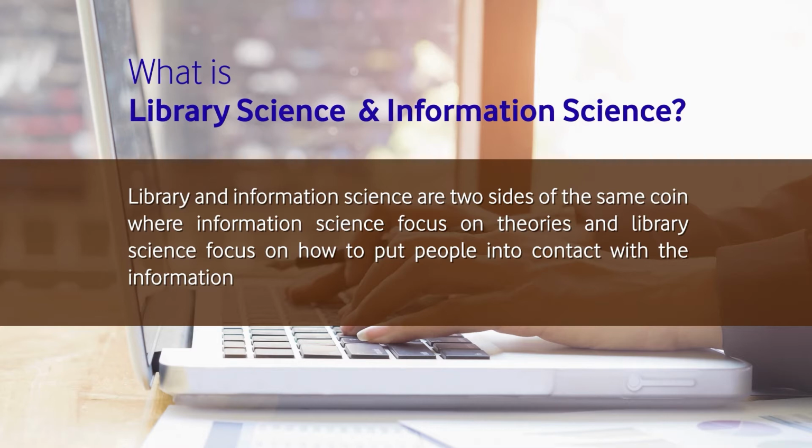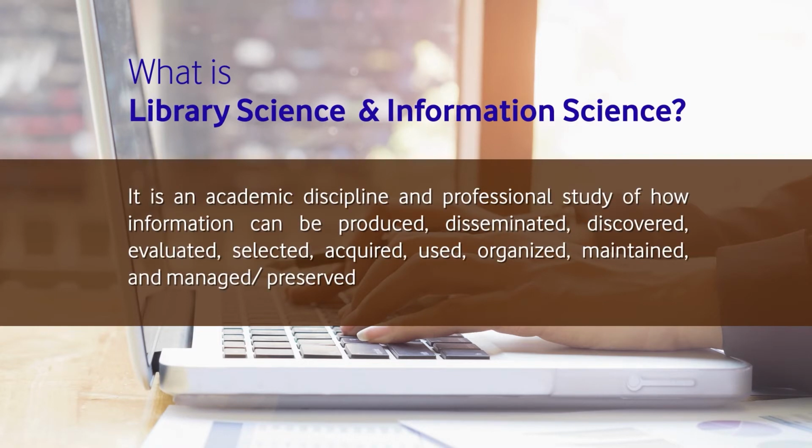Library and information science are two sides of the same coin, where information science focuses on theories and library science focuses on how to put people into contact with the information. And it is an academic discipline and professional study of how information can be produced, disseminated, discovered, evaluated, selected, acquired, used, organized, maintained, and managed or preserved.